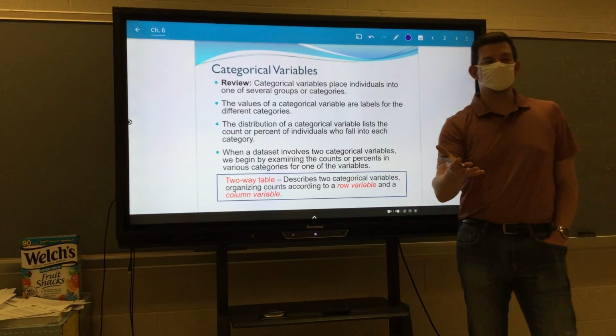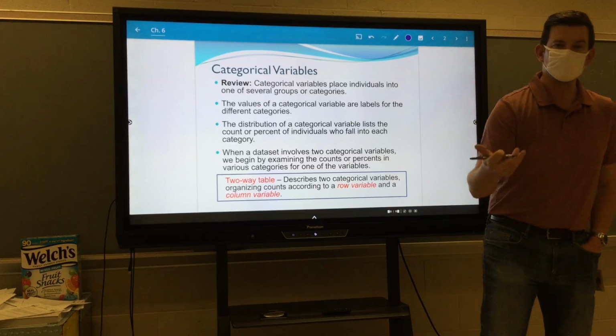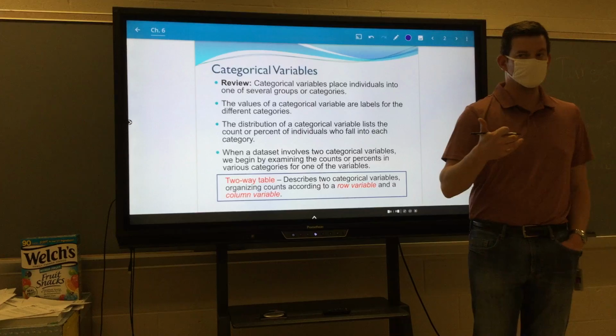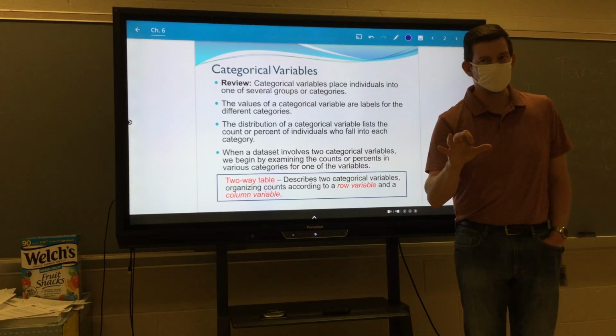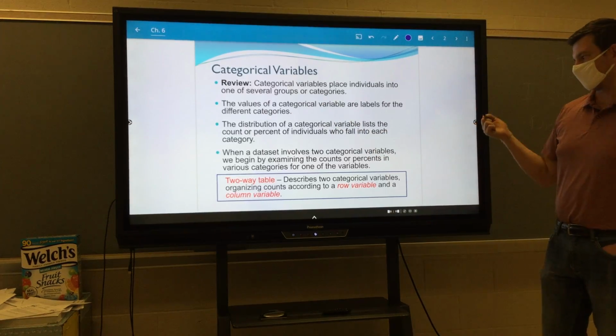But the example I just gave you, 9th, 10th, 11th, 12th grade, okay, those are numerical values that are still serving the purpose as categorical labels. So be aware that we could still have numerical values representing that categorical data.